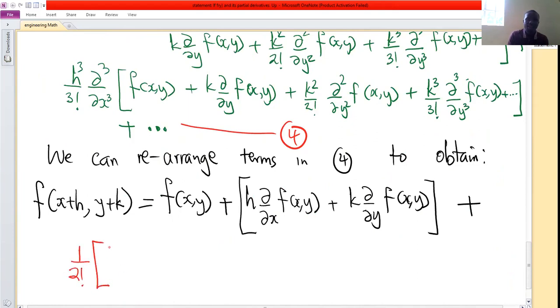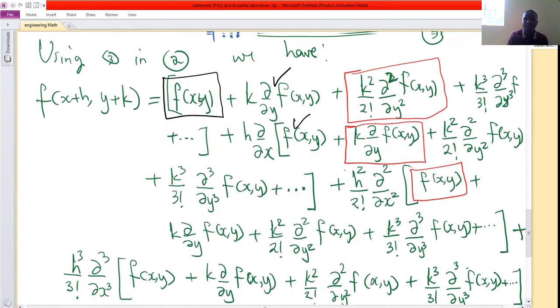And then I write partial squared partial x squared f of (x, y) plus, now this other one will have now h times k, so I'll have hk, and then partial squared because this and this one, and then partial x partial y, and then I have f of (x, y). So this is what I'll have this one here. But you see, I'm factoring out 1 over 2 factorial.